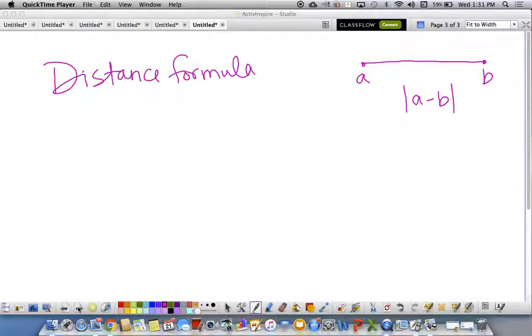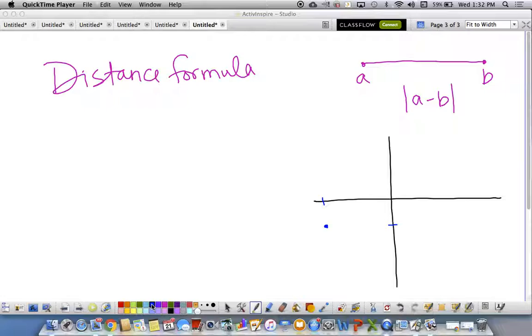But what happens if they're not? What happens now if they're different coordinates? Okay? They're on a coordinate plane and they're moving different places. Let's go negative.